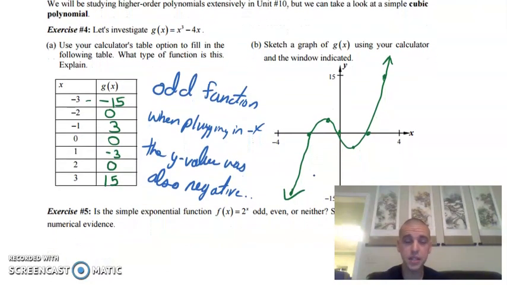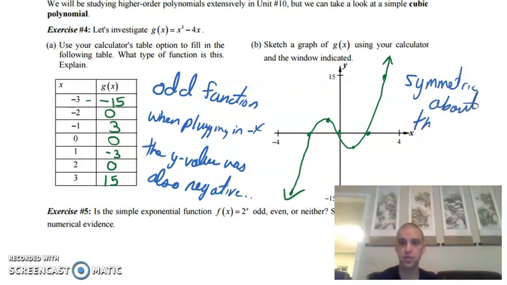Or over in B, you can say this is symmetric about the origin. Notice that I can take here, reflect, and get to that point. Here, reflect, and get to that point.